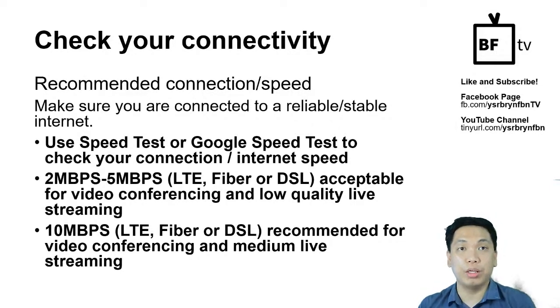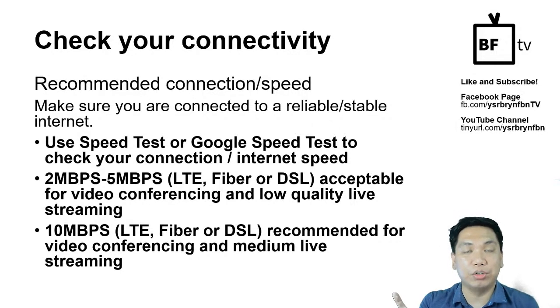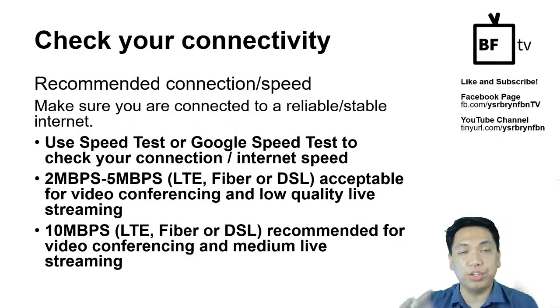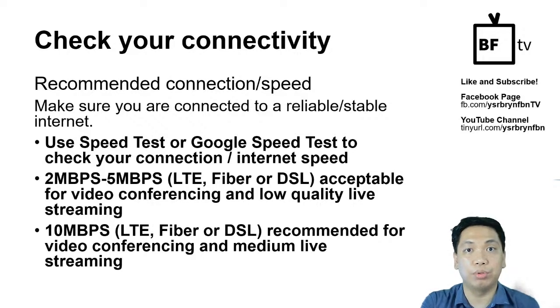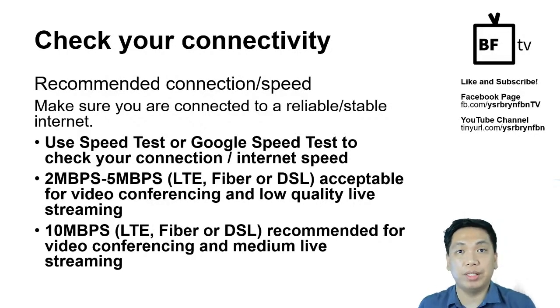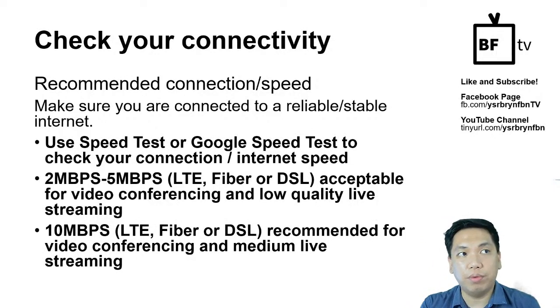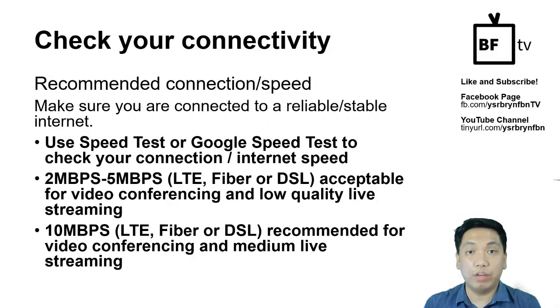So always check. If brand A is fast and stable in your place, you buy that. If this one is not stable on your mobile phone, don't buy this because most probably you will experience the same performance. And if DSL and fiber are already available, apply for one because that is really recommended.